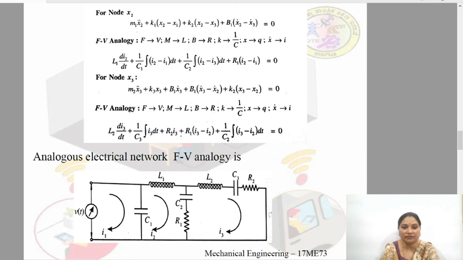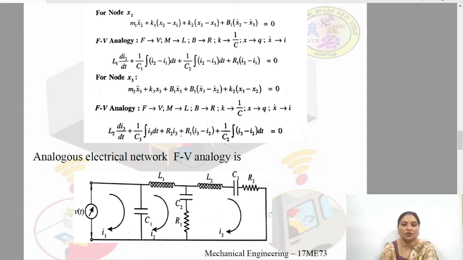Similarly, in terms of the force-voltage analogy, we replace them by the analogous terms, and the equation is L1 di2/dt plus 1/C1 integration of (I2 minus I1) dt plus 1/C2 integration of (I2 minus I3) dt plus R1 (I2 minus I1) is equal to 0. So this is the equation for node x2.